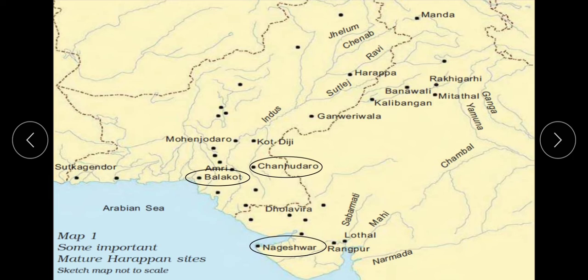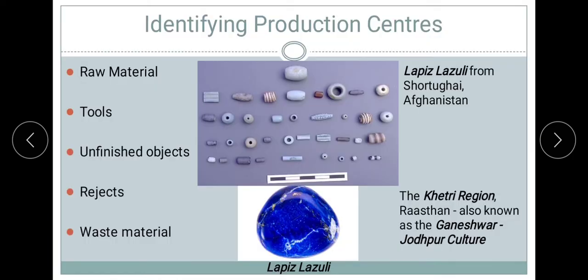So they use a different type of analogy to get to this conclusion, because wherever things are manufactured, there remain some type of tools. Some tools are found, some unfinished objects are found. Then they would also be believing in quality control. So sometimes they would be rejecting the material, or something that could have broken.